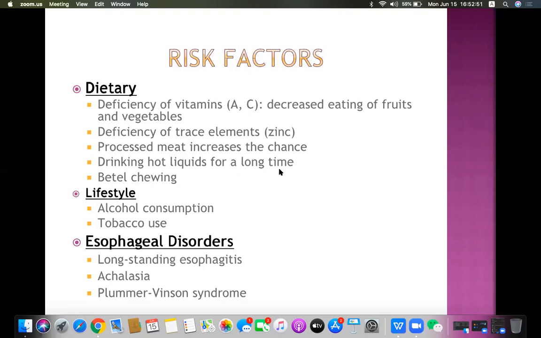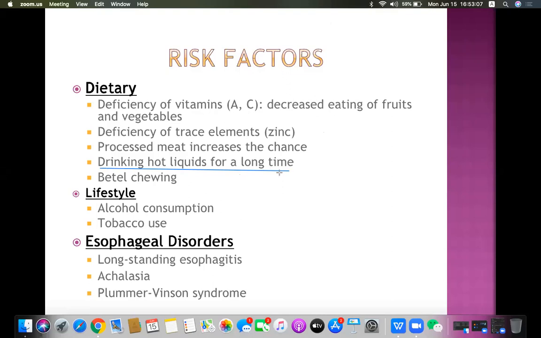Drinking hot liquids for a long time. Now, this is a bit controversial actually. These are all hypotheses. We have not actually proven them.